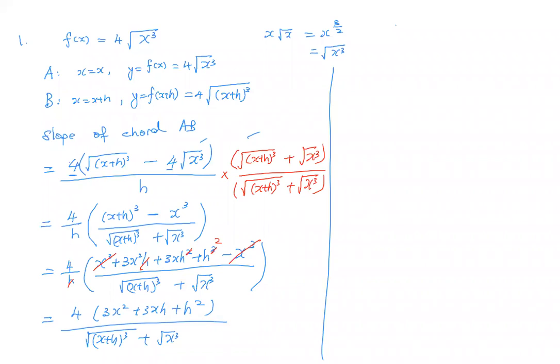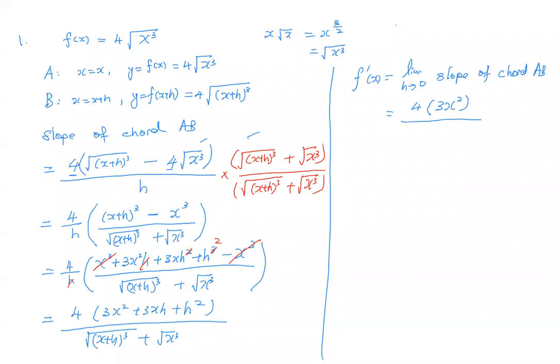So you write down, f prime x will be equal to limit h tends towards 0, slope of chord AB. So 3x plus h will approach 0, so the whole thing on top approaches 3x squared.